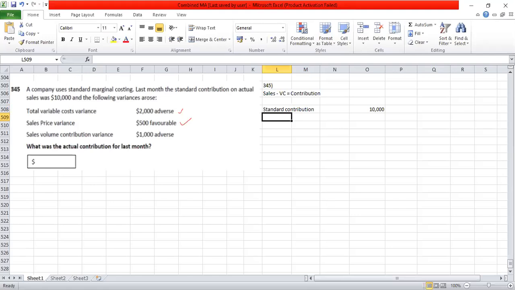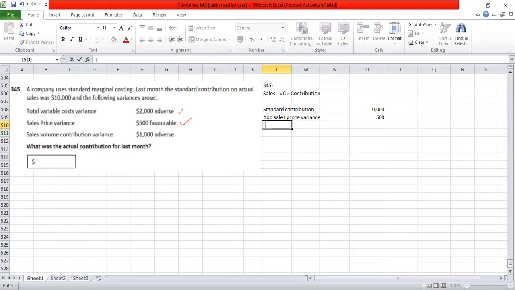the sales price variance is favorable. So add sales price variance 500. Then we see that the variable cost variance is adverse. How much? 2,000.